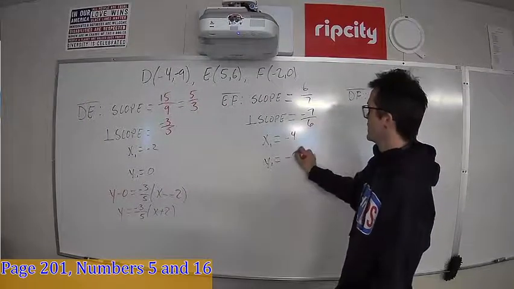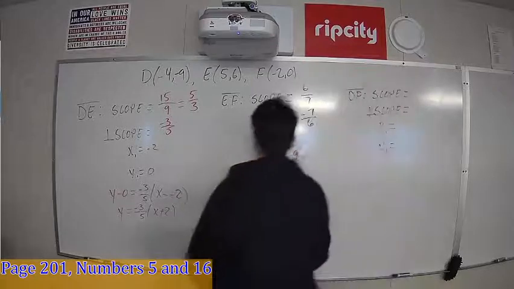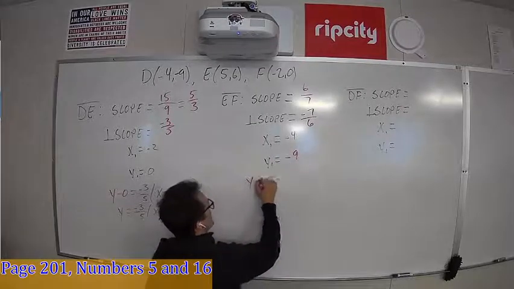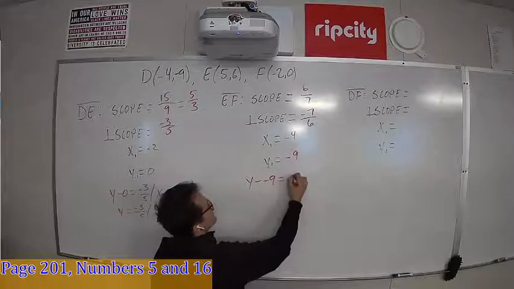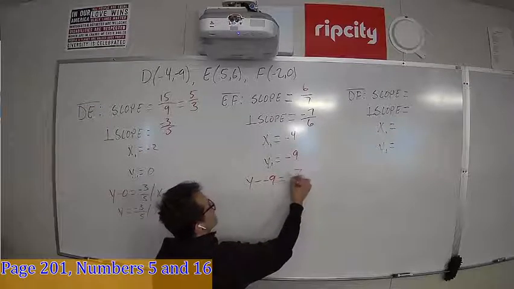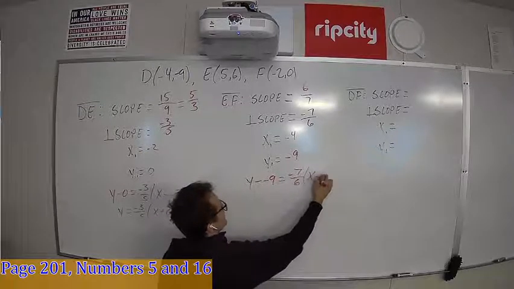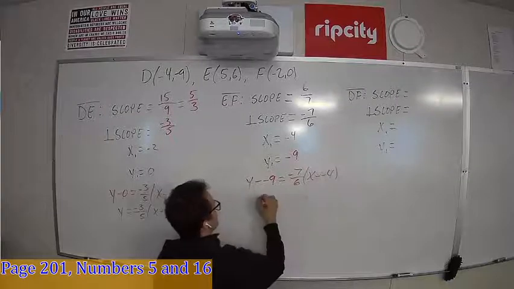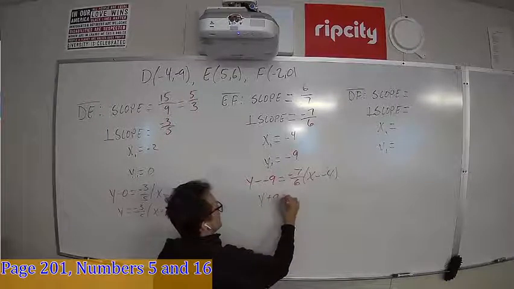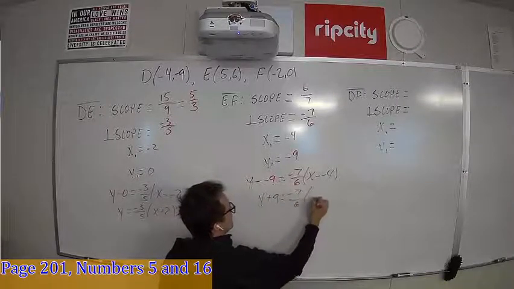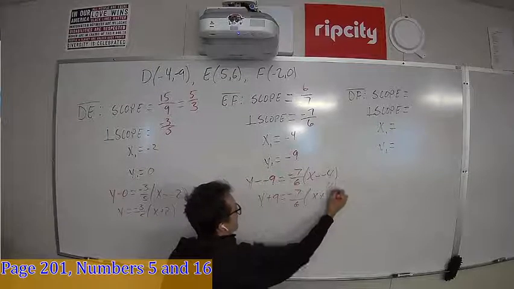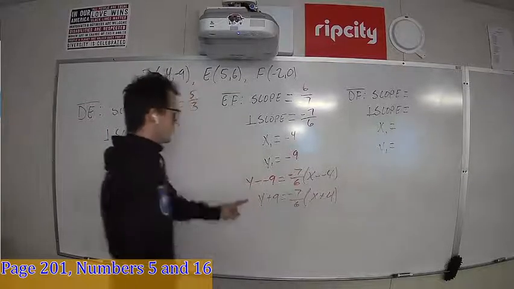My y1 is -9. Let's put it in point slope form. y minus -9 equals -7/6 times x minus -4. Clean that up just a little bit. I'm going to leave it in this form, and this is what I'm going to plug into Desmos in a minute.